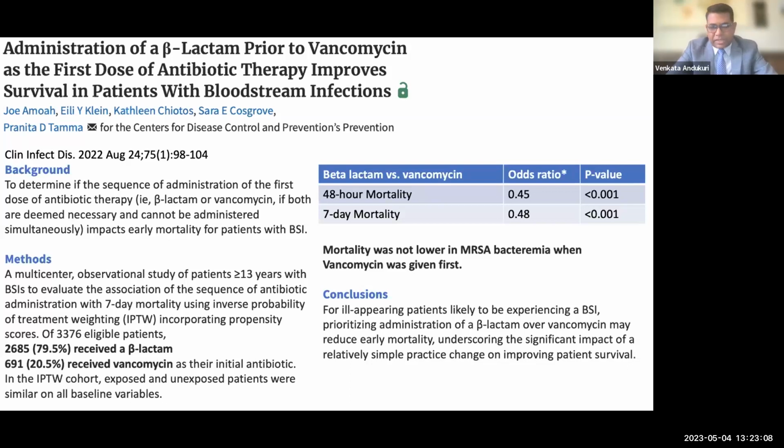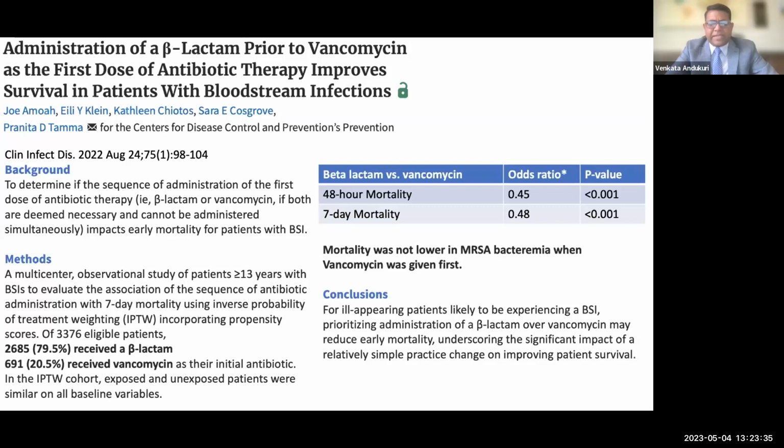So the results are in front of you. So beta-lactam versus vancomycin, the 48-hour mortality, the odds ratio is 0.45, it's almost like 0.5 if you really think about it. So 50% benefit in the 48-hour mortality, and even the 7-day mortality is the same. So it's pretty evident that you should give the beta-lactam first if you can do so.